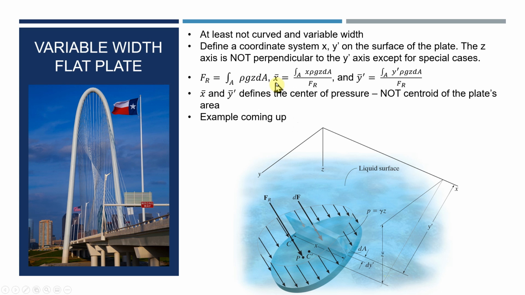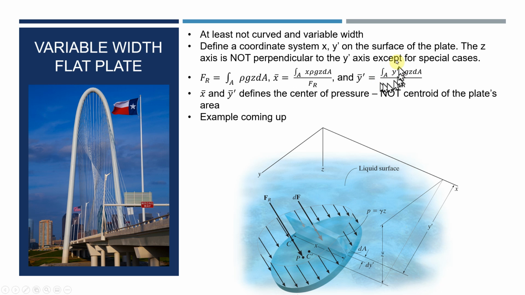The centroid coordinates are given by x and y prime, and the x-axis is what we're conventionally used to. Y prime is tilted to the surface. So the z-axis is not perpendicular to the y prime axis anymore.